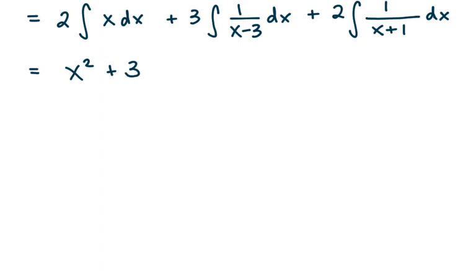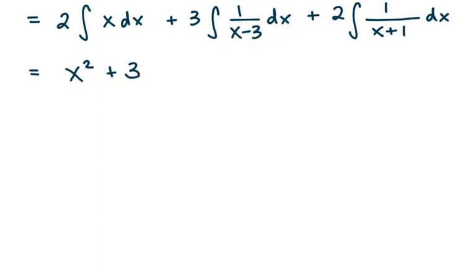Plus 3. Our second piece, we'll integrate this using a u substitution. So I'll say let u equal x minus 3. That means du dx equals 1, so du equals dx.